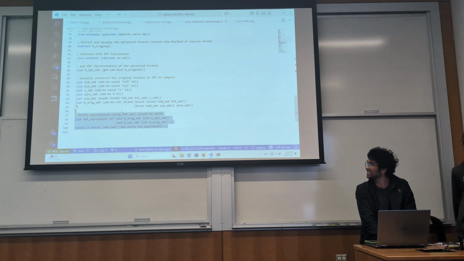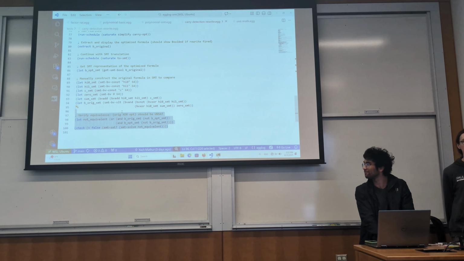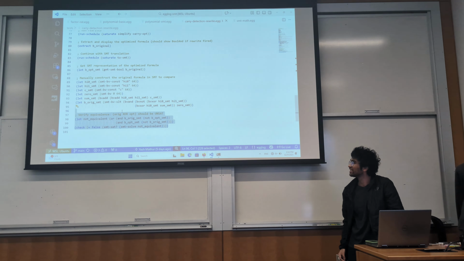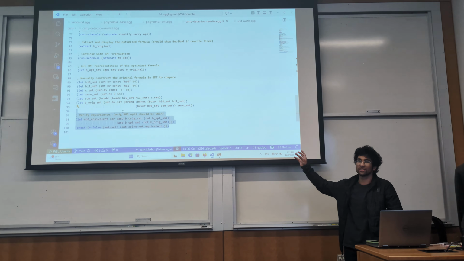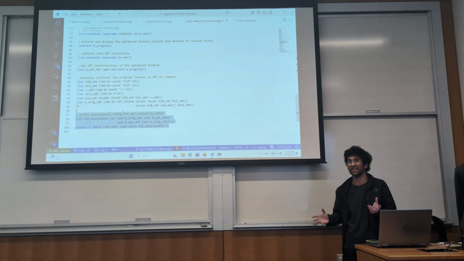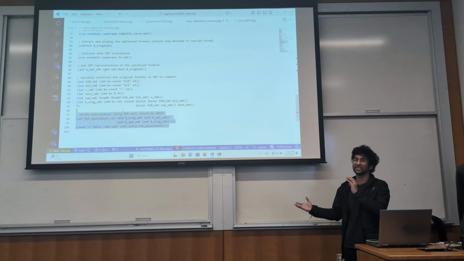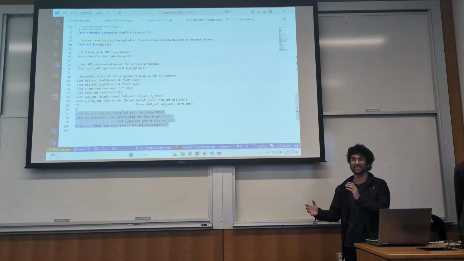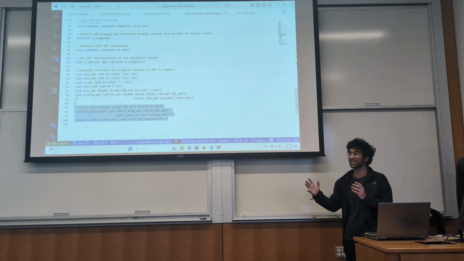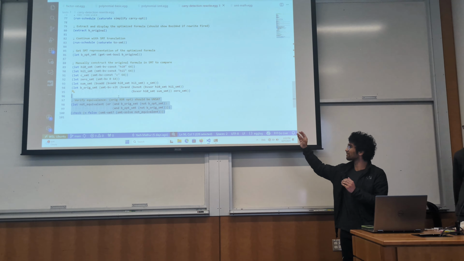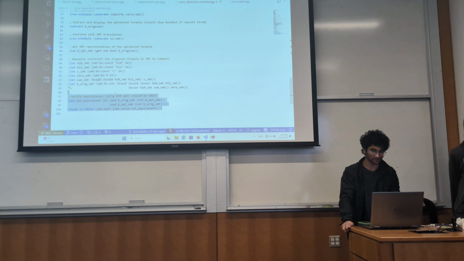The key development that integrating SMT brings us is that rather than just using the basic rewrite rules in Egglog and not having a way to verify actual correctness, since Egglog doesn't encode mathematical equivalence, it's just based on the rewrite rules you define, having an SMT query allows you to use an actual equivalence.